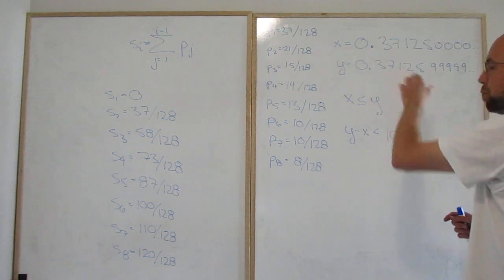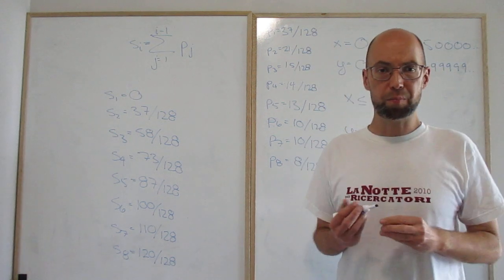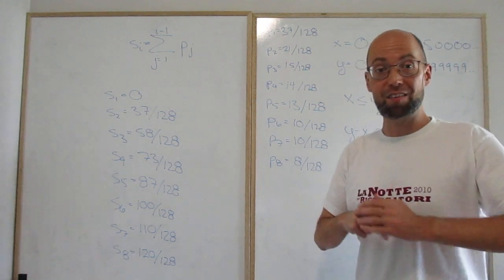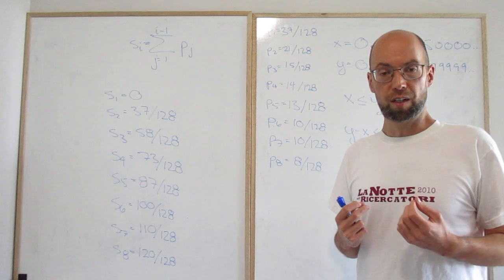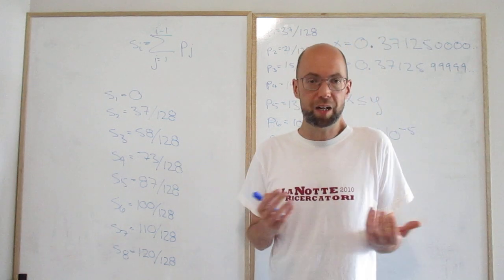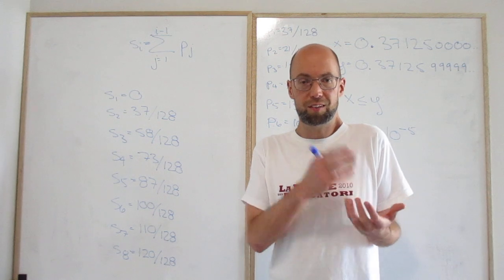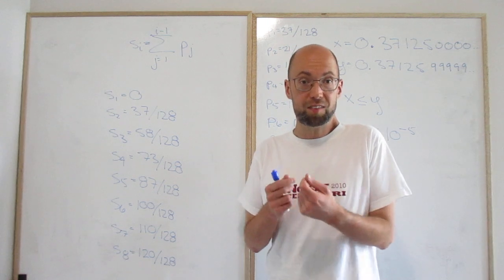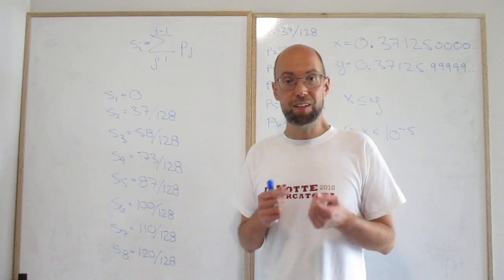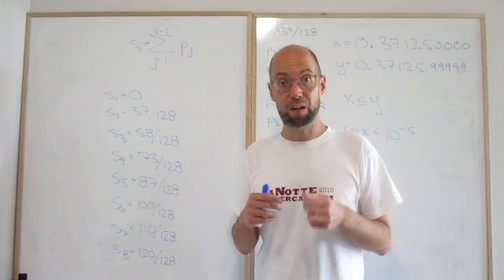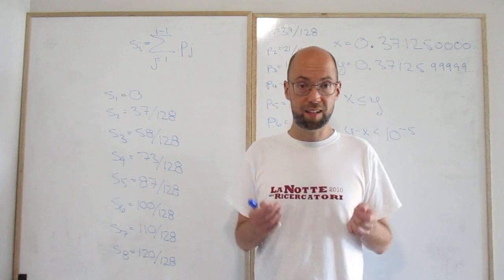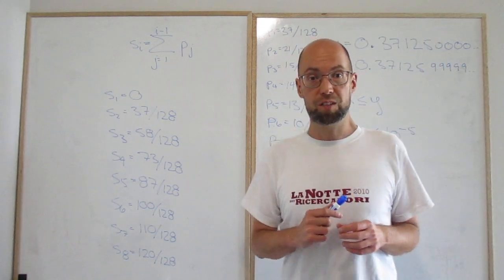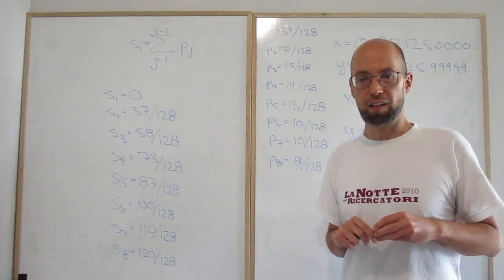If they both start 0.3, then they differ by less than a tenth. If they both start 0.37, then they differ by less than a hundredth. Because if they start 0.37, what's the smallest? One can be 0.37000, and one can be 0.3799999, but that's still less than a hundredth. If they agree on 3 digits, they differ by less than a thousandth. If they agree on 4, less than a 10,000th. If they agree on 5, they differ by less than a 100,000th, which is 10 to the minus 5, I think.